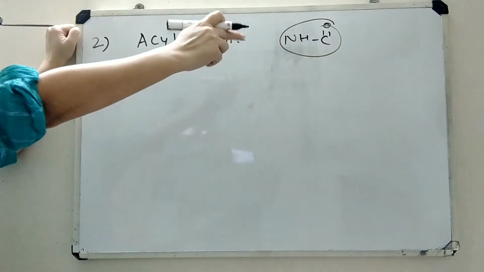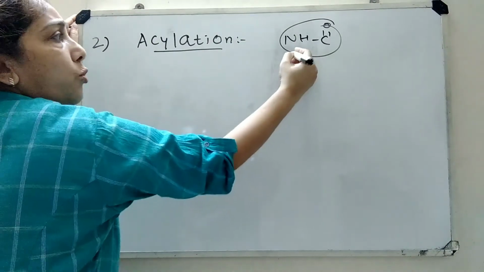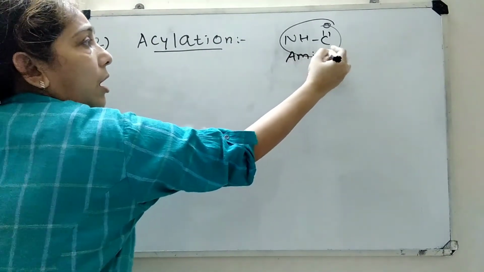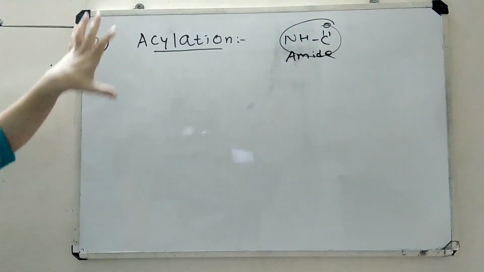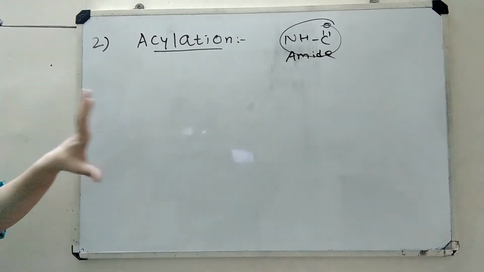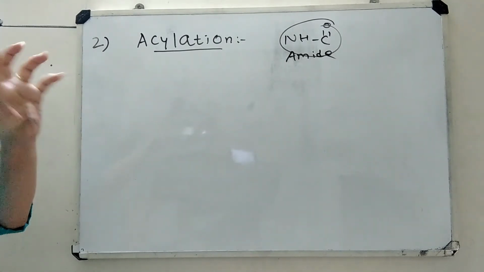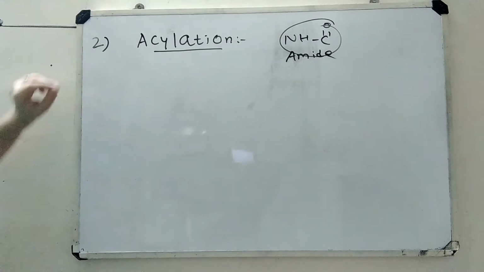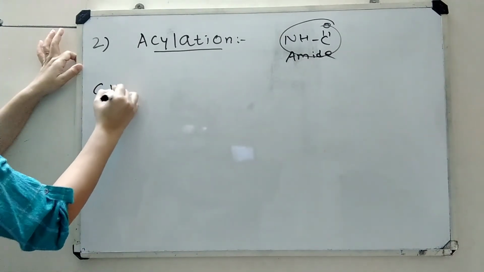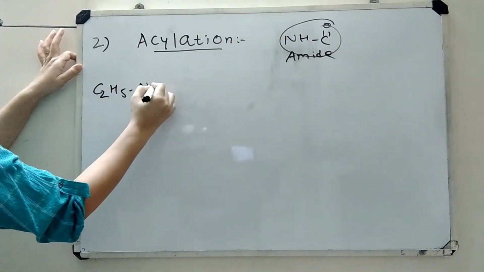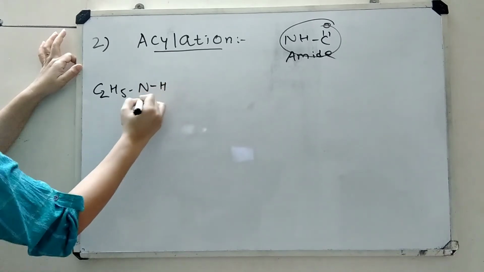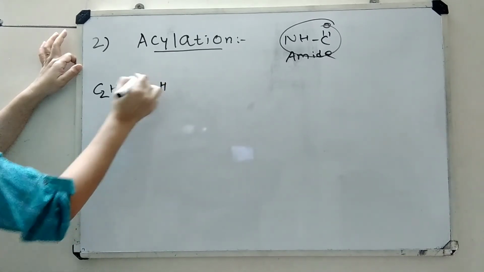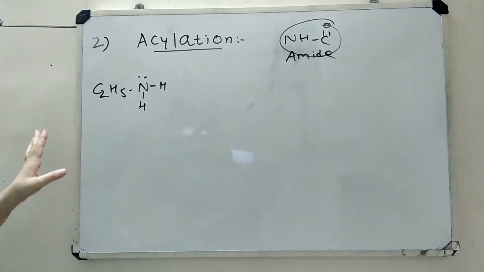This NHCO or CONH group is known as an amide, which is formed by this reaction. Now suppose we take an example, ethyl amine or ethane amine, C2H5NH2, with 2 dots put on the nitrogen. So this is the structure of ethyl amine or ethane amine.